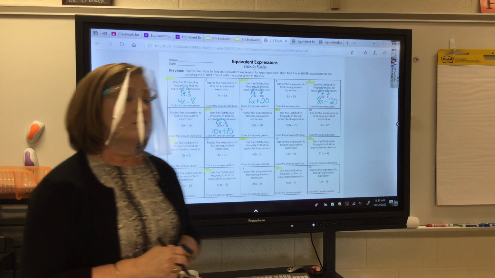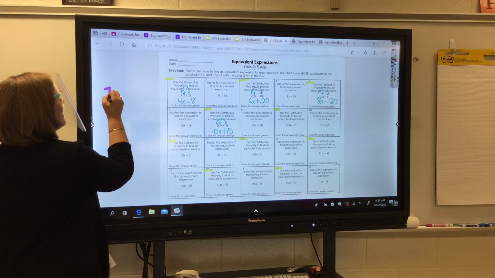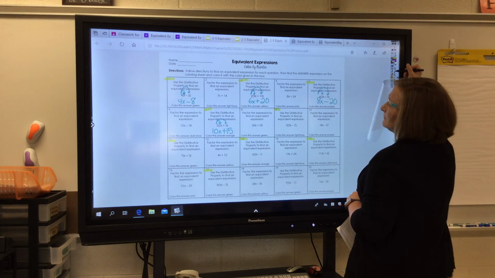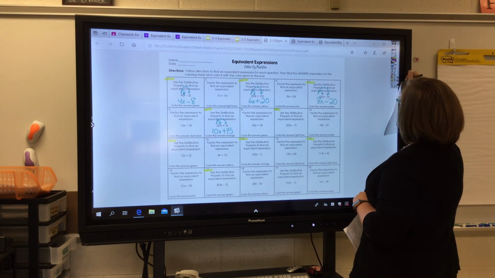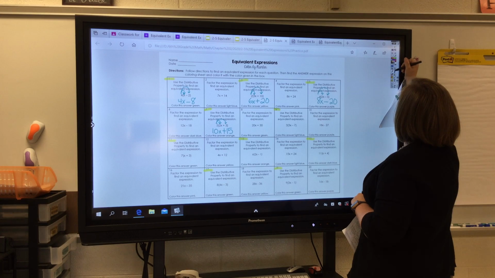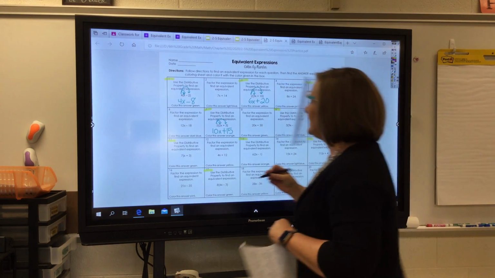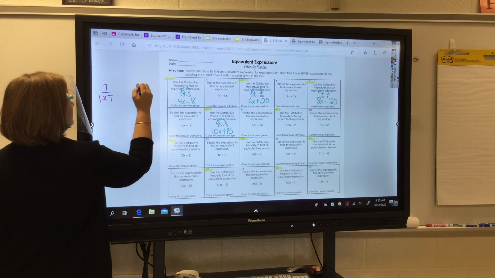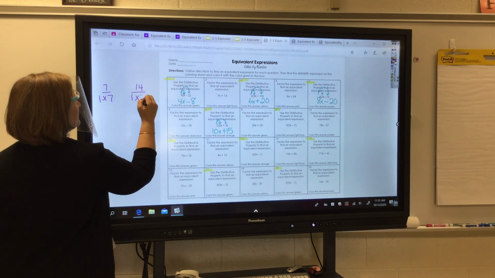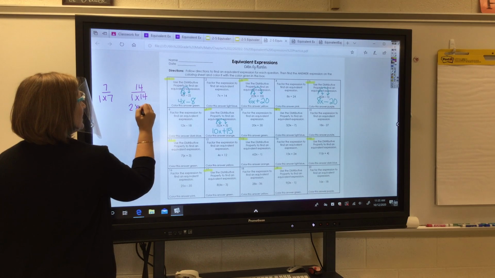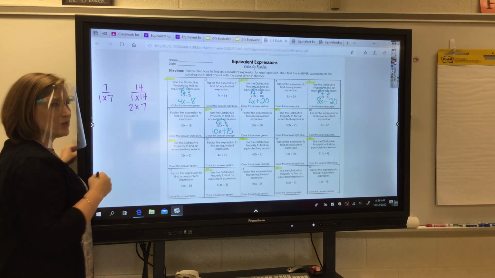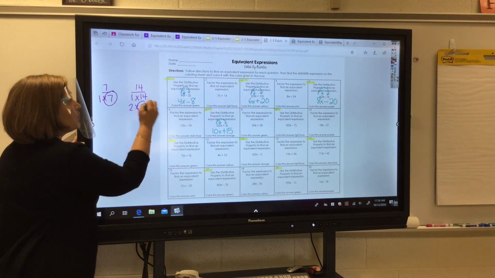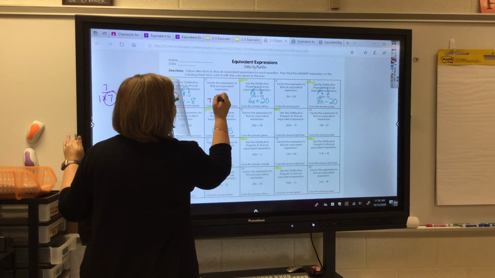What can I multiply to get 7? 1 and 7. What can I multiply to get 14? I can do 1 times 14, and I can do 2 times 7. So what factor do these two have in common? The 7. So I can take a 7 out.